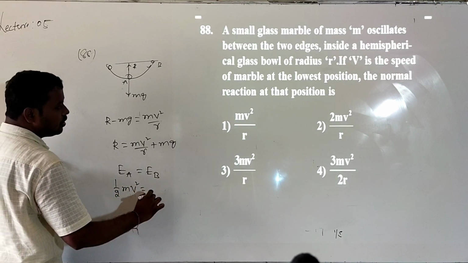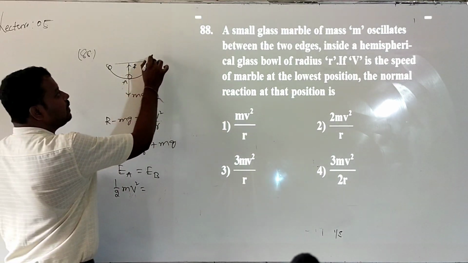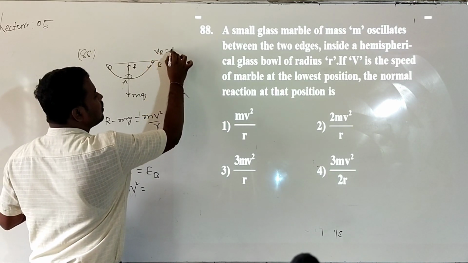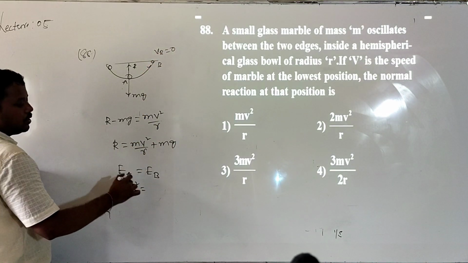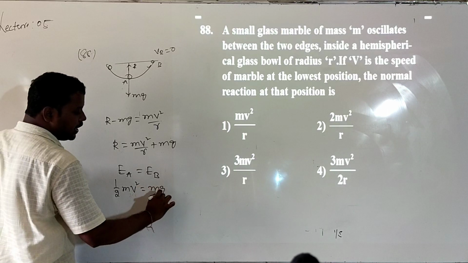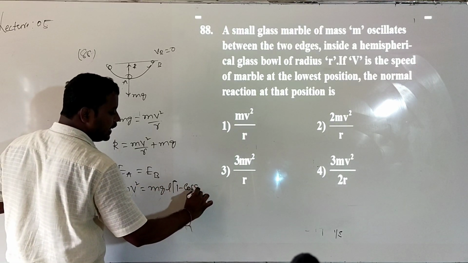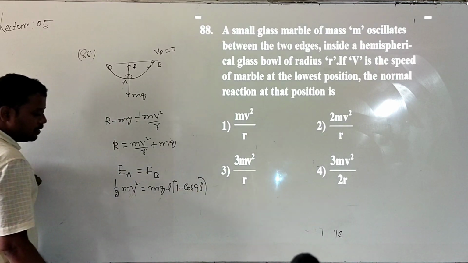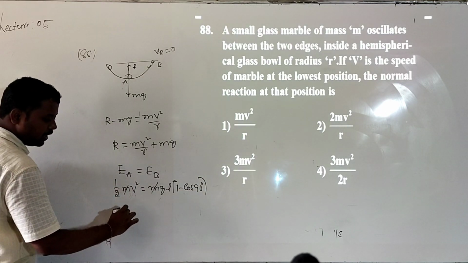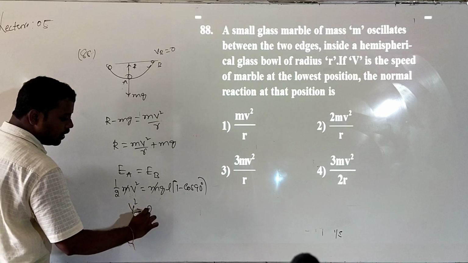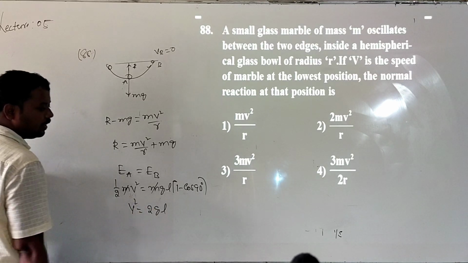EB is equal to, at this point of oscillation the velocity will be 0, the angular amplitude value, which is given by m into g into h. H value is L into 1 minus cos theta. Theta value is 90. Then the m value cancels. Then what will be v square? V square is equal to 2 into g into l.